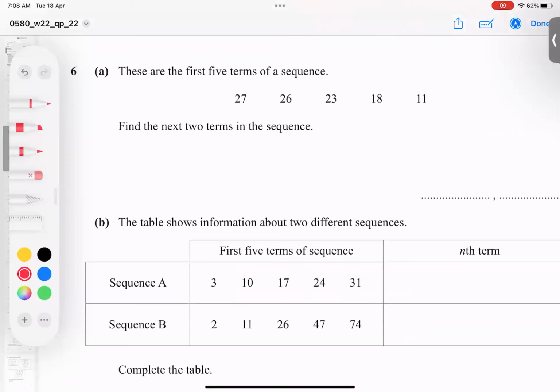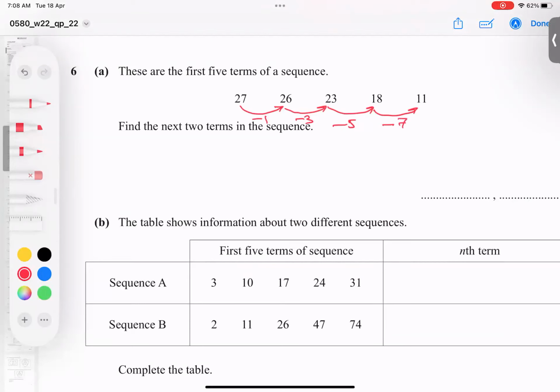These are the first 5 terms of a sequence, and find out the next 2 terms. So the best technique: how much do you add to get this answer? Not add, subtract: -1. How much do you subtract? -3. How much did you do with -5? How much is this minus, I think yes, 7.